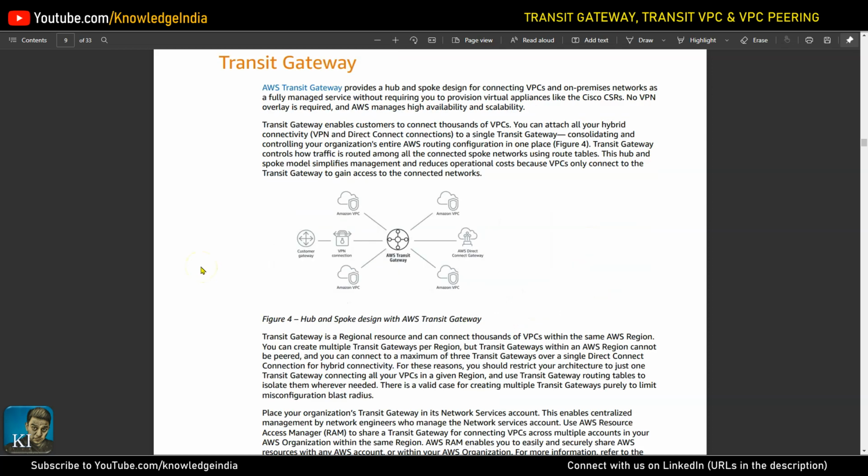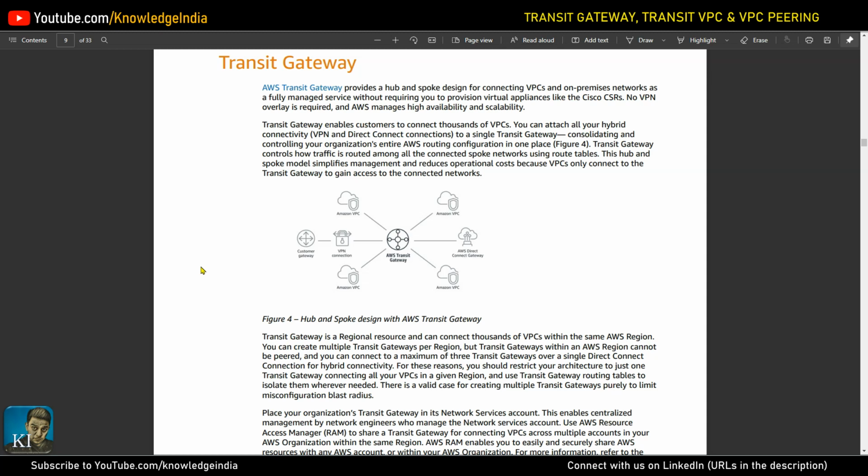Transit Gateway solves this problem for you because you don't have to really maintain any infrastructure running behind Transit Gateway, right? So you don't have to maintain that Transit VPC type of thing. Instead, you can just use Transit Gateway. It's a managed service and you can manage all the VPC peering connections in one place, and your network doesn't become a mesh. That's what Transit Gateway gives you, right?